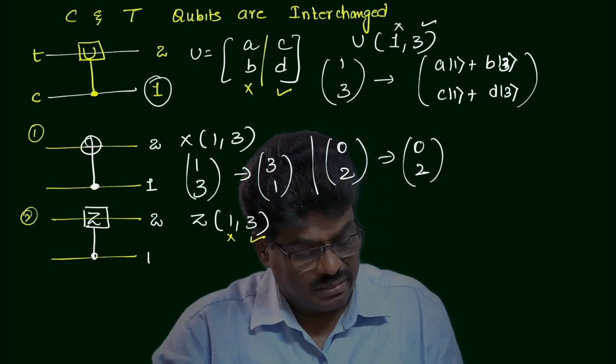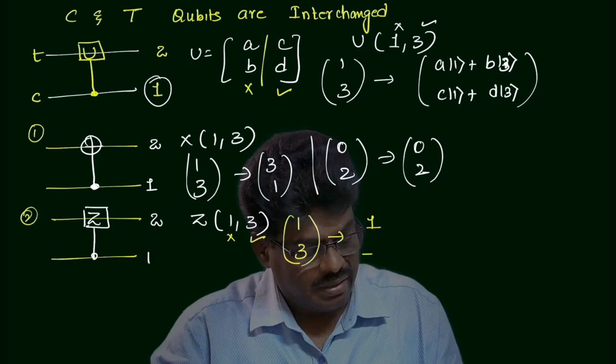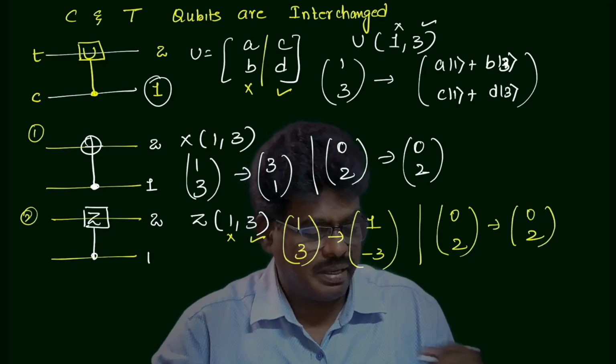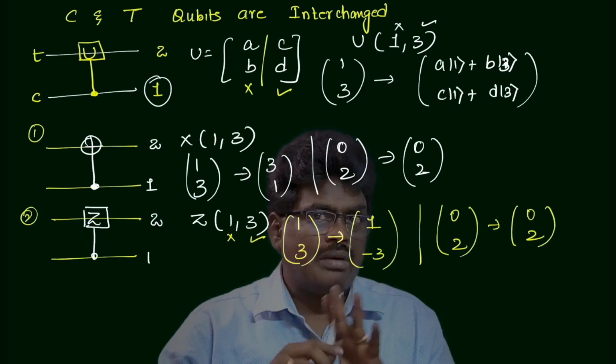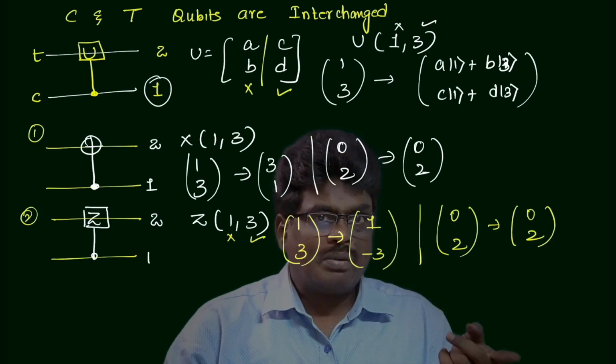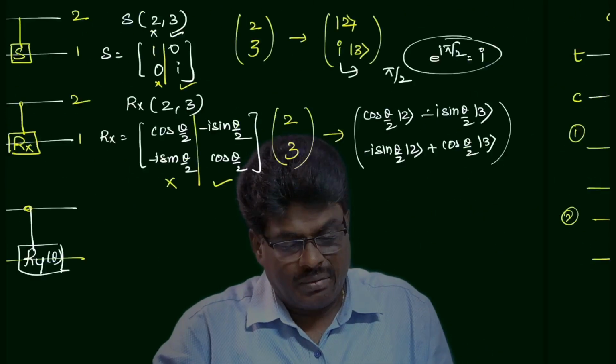So here it is 1 3, 1 no change because it is off, 3 becomes -3. And what about 0 and 2? No change. Wait a minute, somewhere we have seen this same answer: 1 to 1, 0 to 0, 2 to 2, but 3 becomes -3.